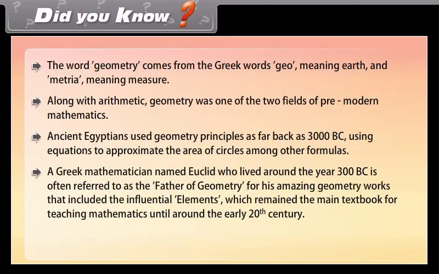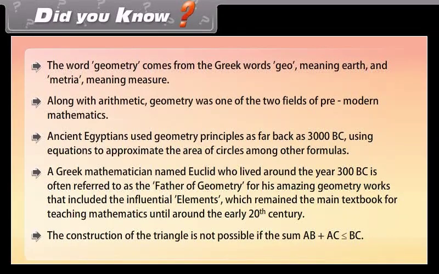A Greek mathematician named Euclid, who lived around the year 300 BC, is often referred to as the father of geometry for his amazing geometry works that included the influential Elements, which remained the main textbook for teaching mathematics until around early 20th century.